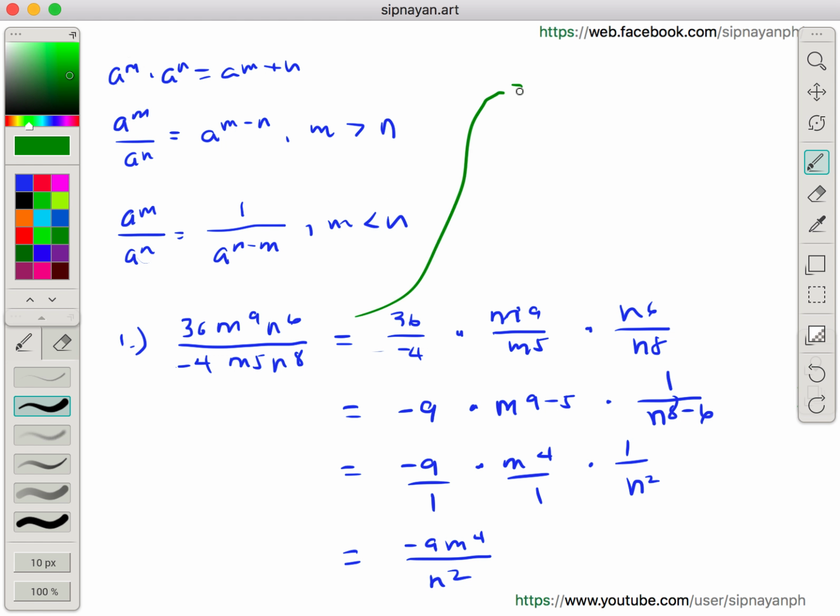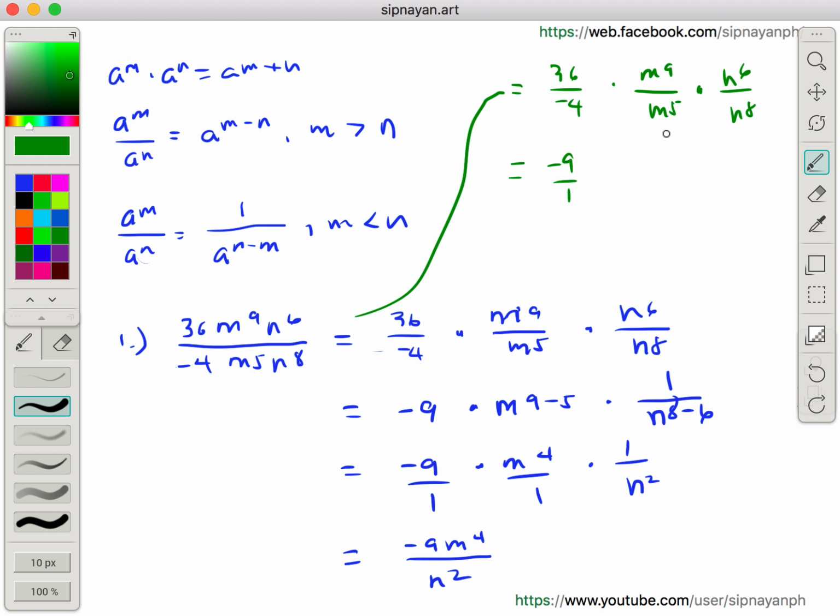this is equal to, same pa rin, 36 divided by negative 4, and then we have m to the 9th over m to the 5th times n to the 6th over n to the 8th power. So again, this is still negative 9 over 1.